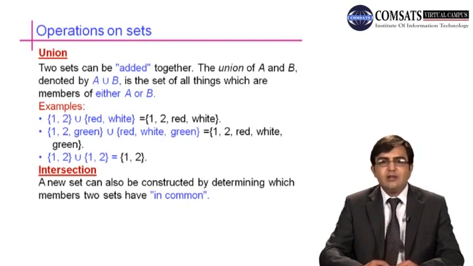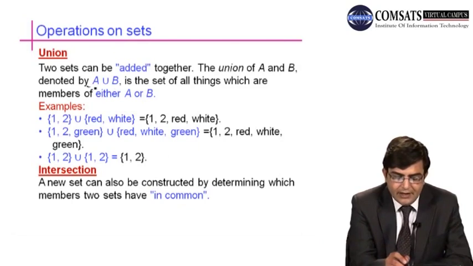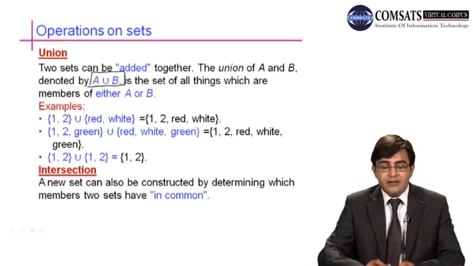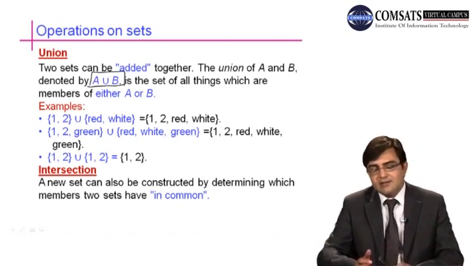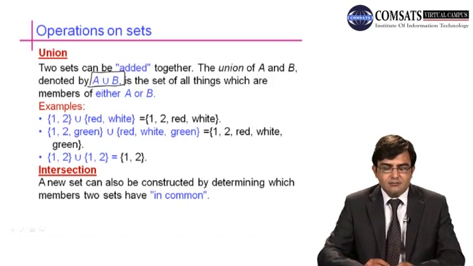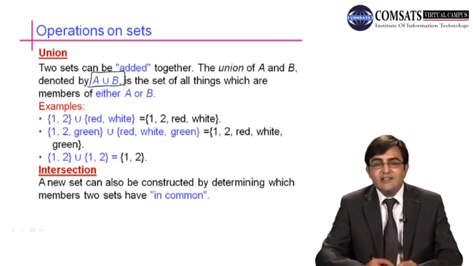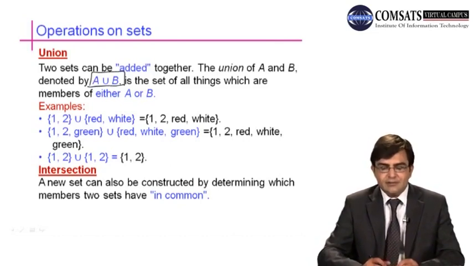The union of two sets is denoted by A union B. It is a new set whose members are the members of either A or B. This means we add up all the members of A and B, and we avoid the repetition of members.